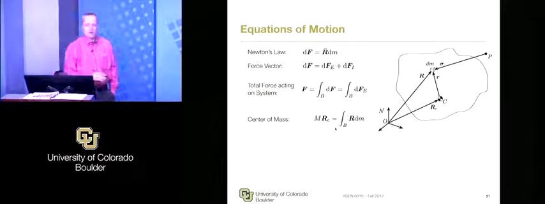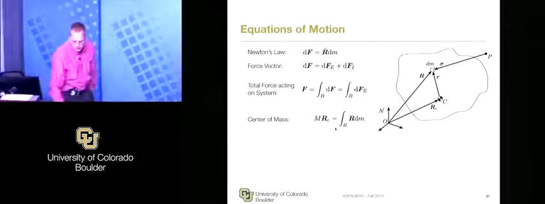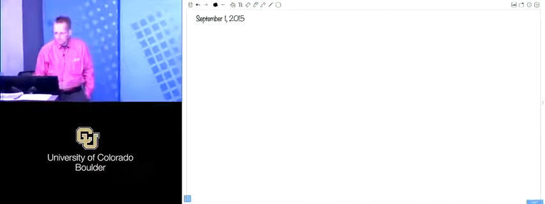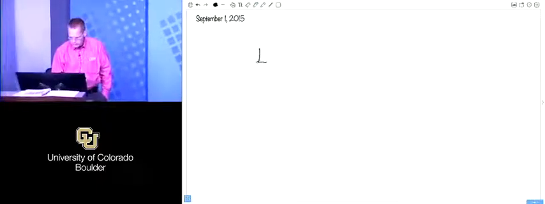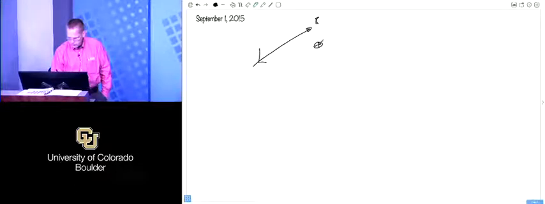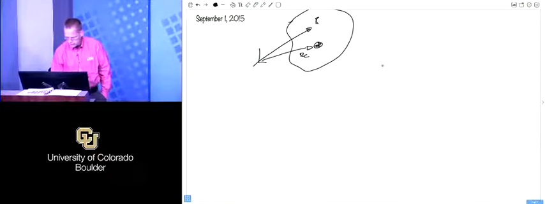There was another one that would turn out to be very, very handy. Who can give me that one? Because here you have some inertial frame, you have some particle, let's say we're doing continuums, so that's a differential element there, R. There's a center of mass of a system, right? And then there's some blob around it.